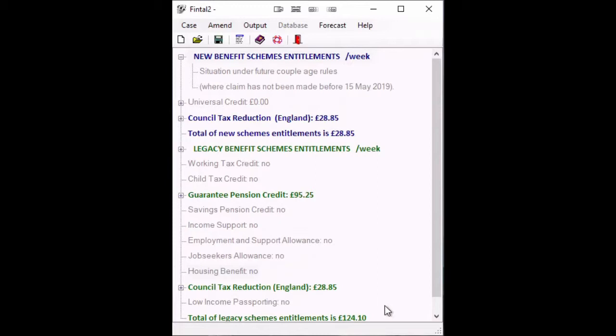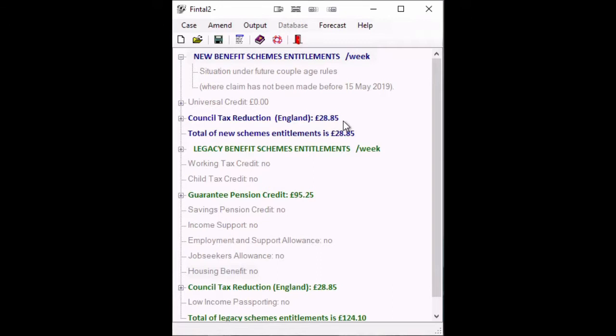Now, interestingly, here you will see how we've catered for the calculation. The new benefit scheme entitlement is those for people making a claim after the 15th of May, and here therefore as a mixed age couple with a younger partner they would have to claim universal credit, and they're not entitled to receive anything on that basis, although they continue to receive some council tax reduction because of the rules in that particular local authority.